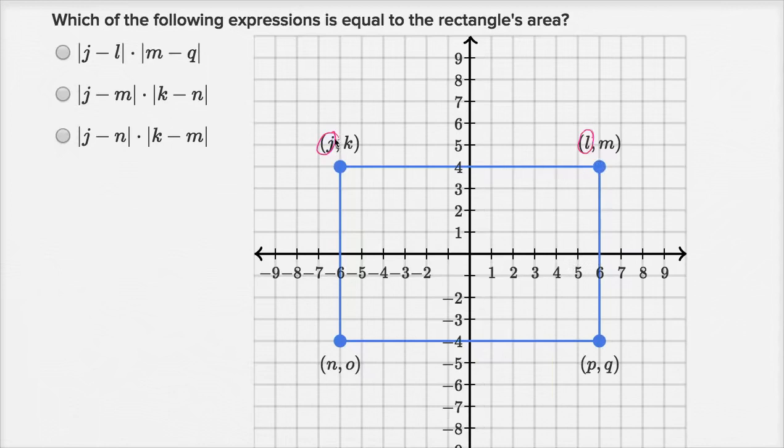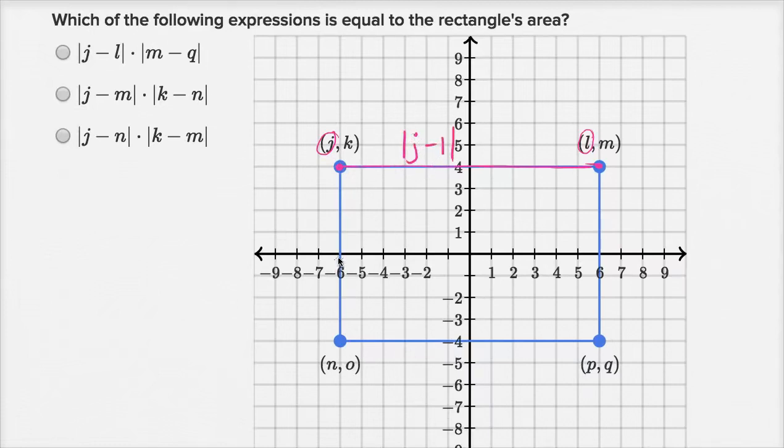So the absolute value of j minus L is going to be the difference in the horizontal axis, or the distance on the horizontal axis between this point and that point. Or you can say the horizontal distance between those 2 points. So it would be the length of this line segment. So that is the absolute value of j minus L.